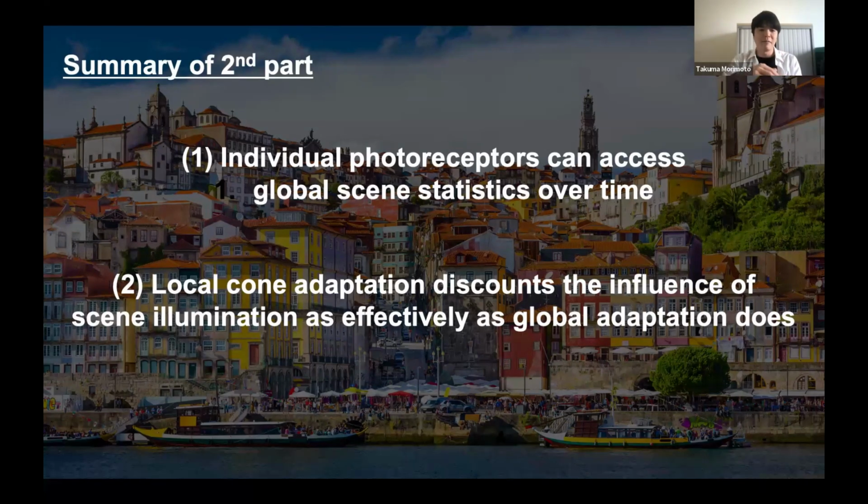Later we have the post-receptor system that can spatially compare cone signals over a wide spatial region, so it's possible to take a spatial mean there and maybe use that as a scaling factor to do global correction. But what I want to say is, even at the level of cones, individual photoreceptors can access global statistics, if only in 10 seconds or so, which is interesting to me.